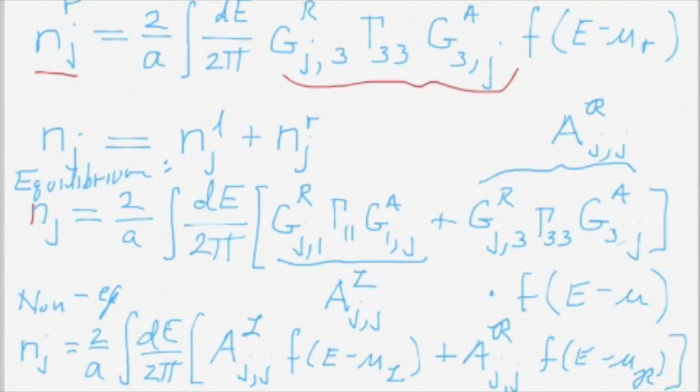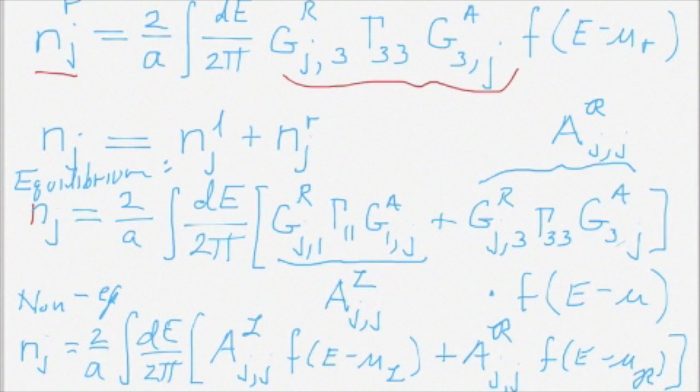So that's your non-equilibrium. You have to weight them each by their own Fermi factor because one is being injected from the left contact and one from the right contact. And in equilibrium, you can just add them together, and there's only one Fermi factor, so you just multiply it times the one Fermi factor, F of E minus mu. Okay? Any questions?